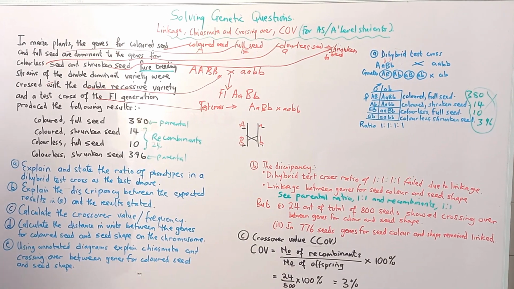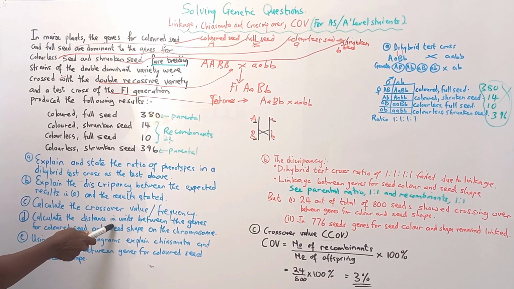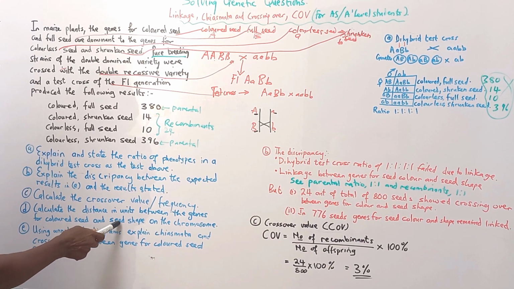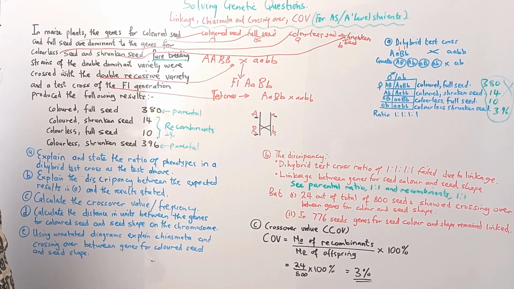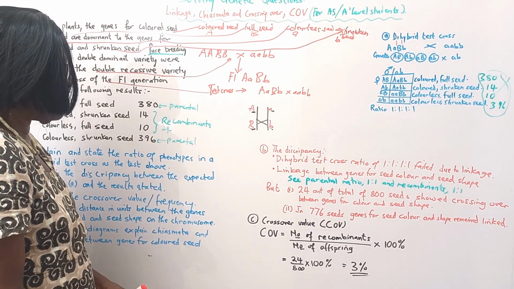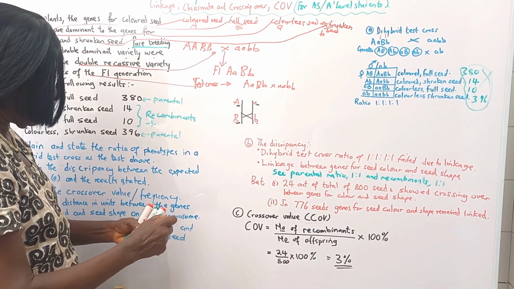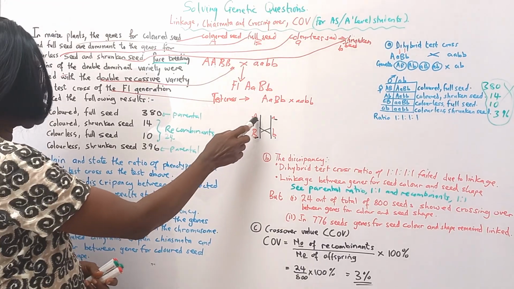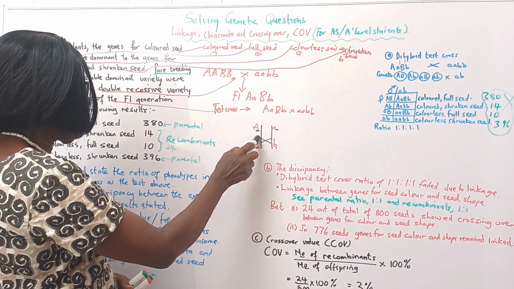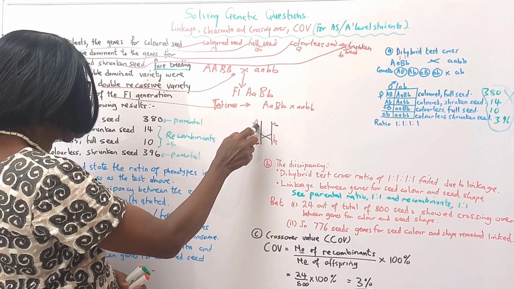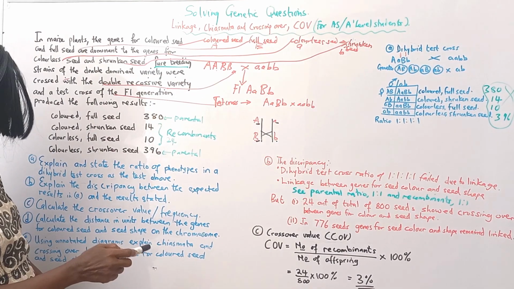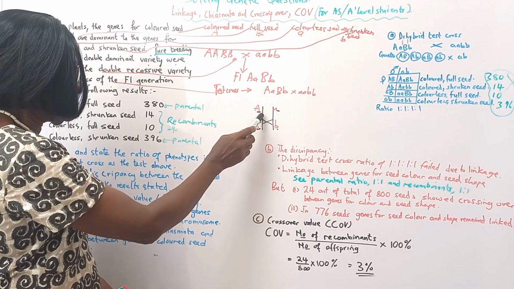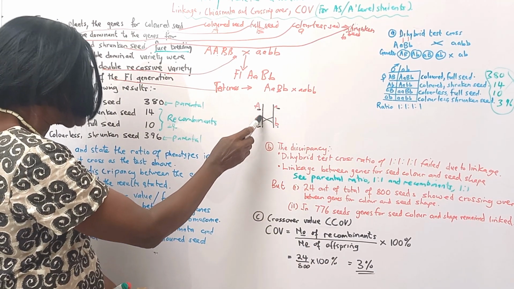Now, the next question is to calculate the distance in units between the genes for colored seed and seed shape on the chromosome. Simply, we have said that there's crossover between these genes. If this is the chromosome, we should determine the distance between this gene and this gene on the chromosome. The crossover value is what is used to calculate this distance.